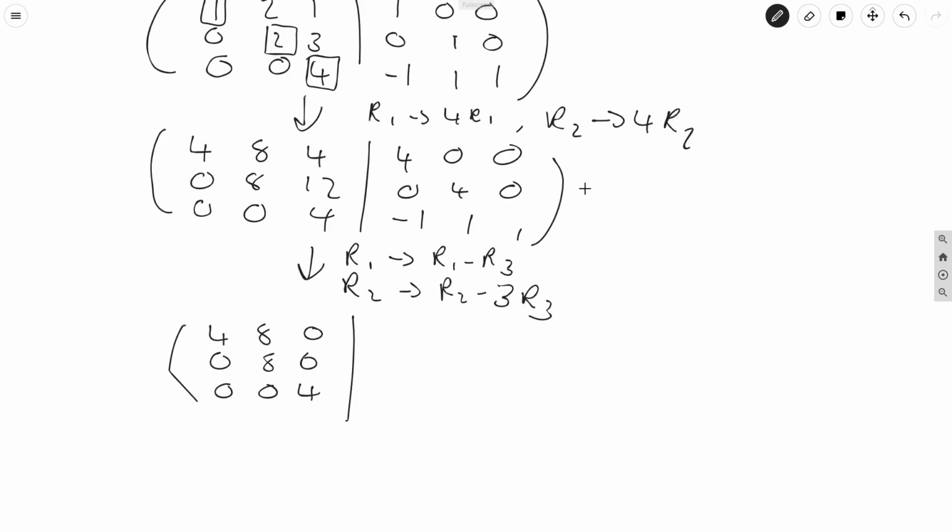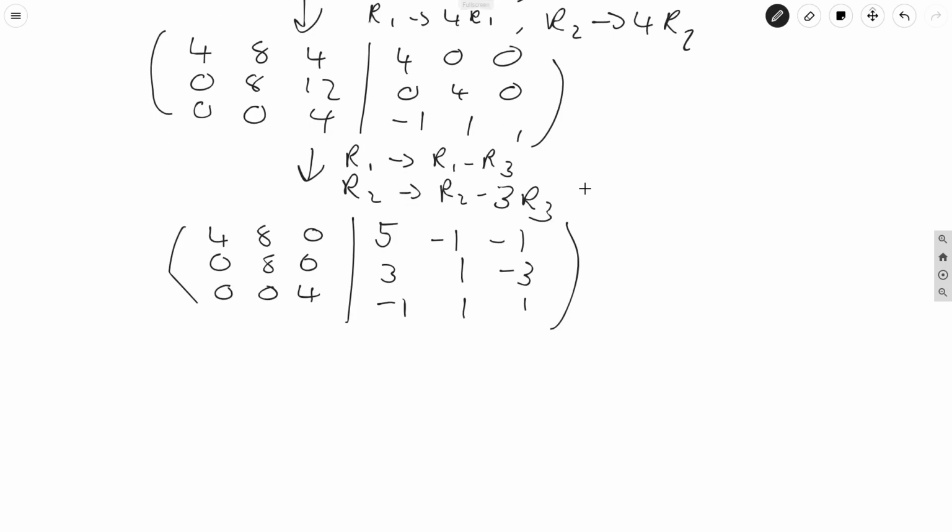And the important thing is what happens on the right-hand side of this bit. So row 1, we're subtracting off row 3 from row 1, so this becomes 5, minus 1, minus 1. We're subtracting off 3 row 3 from this, so it's 3, 1, minus 3, and this last row won't change, minus 1, 1, 1.